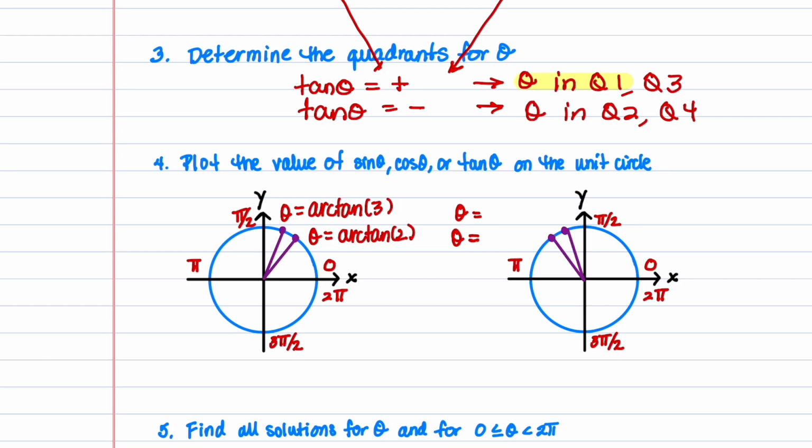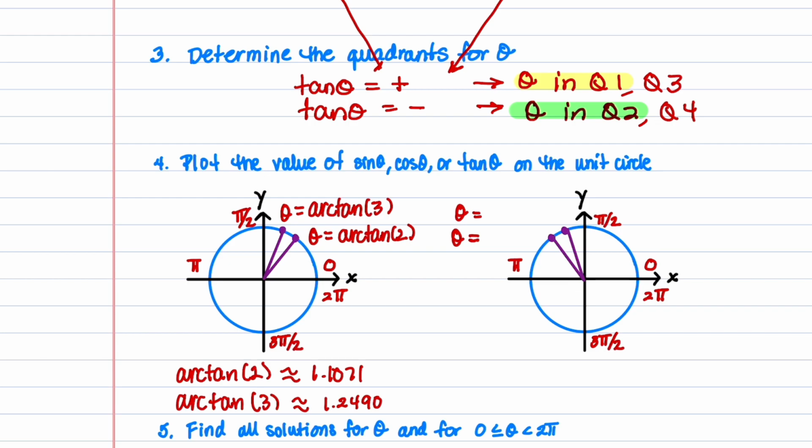Let's write down below here where we have more room that arctan of 2, when we plug it in our calculator in radian mode, is 1.1071, and our arctan of 3 is approximately 1.2490.